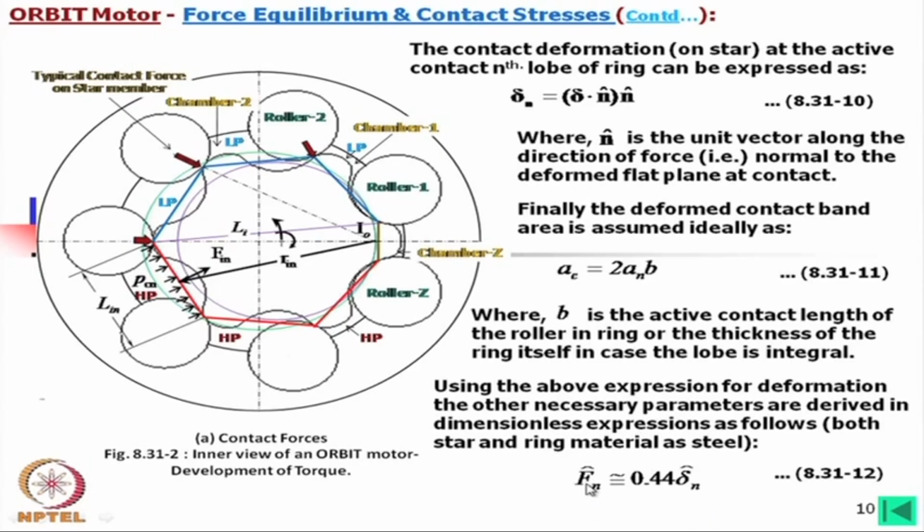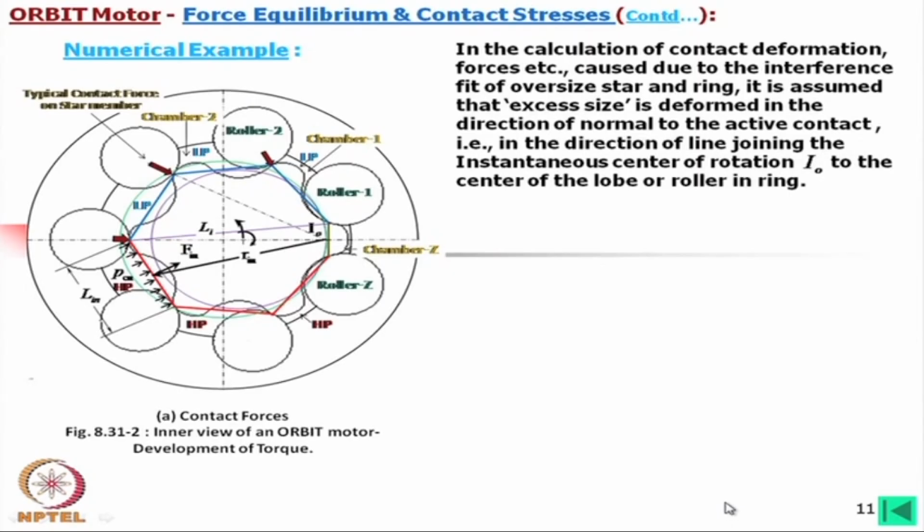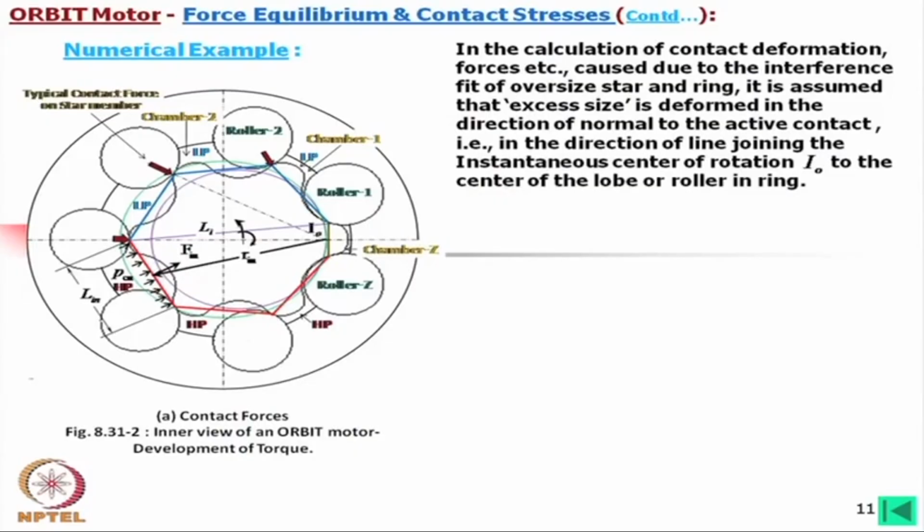Any force in the normal direction is equal to 0.44 times the deformation. So, this analysis becomes easy. In the calculation of contact deformation, forces etc. caused due to the interference fit or oversized star and ring, it is assumed that excess size is deformed in the direction of the normal to active contacts, that is in the direction of the line joining the instantaneous center of rotation to the center of lobe or roller in ring.